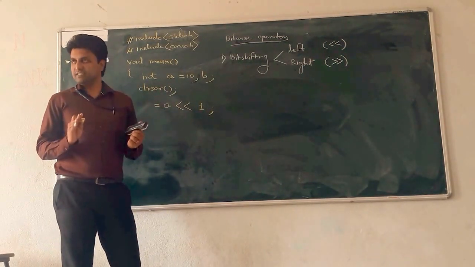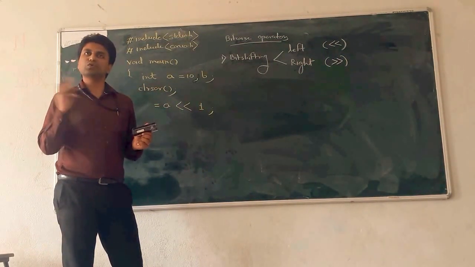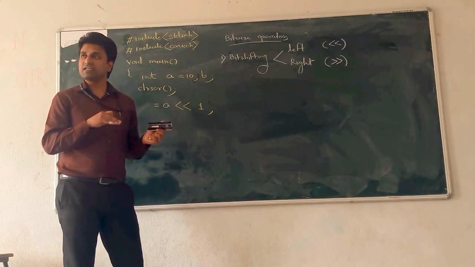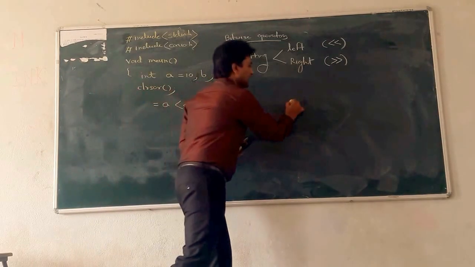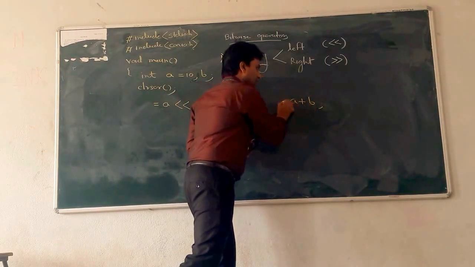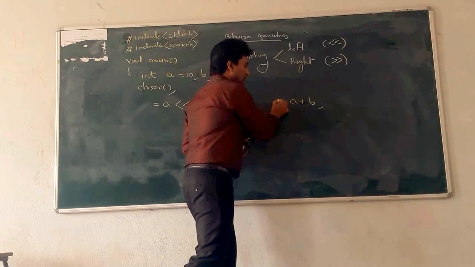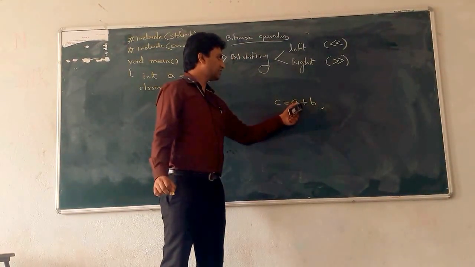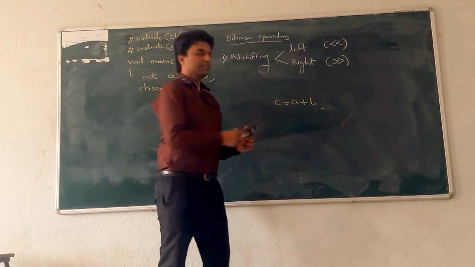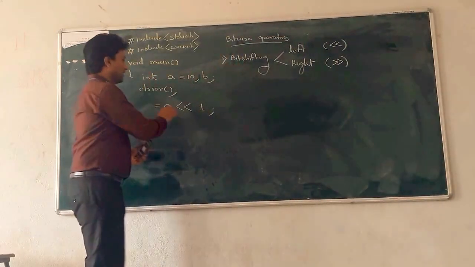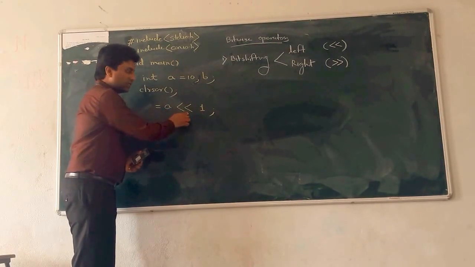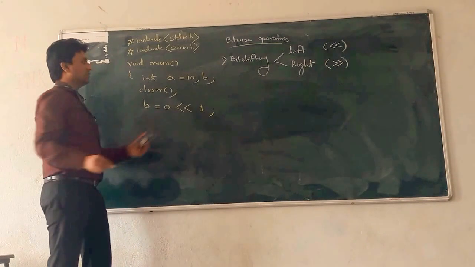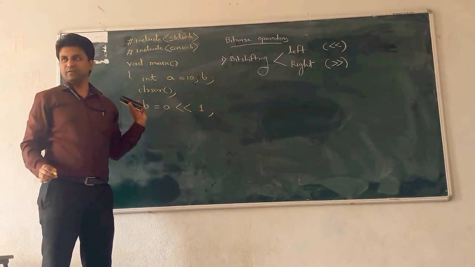You want to store that result. If you want to add two numbers, a plus b, then you store the result into some variable, like c. Whatever the addition value is, it is stored into variable c. Similarly, a left shift by 1 bit, and store this result into the b variable.